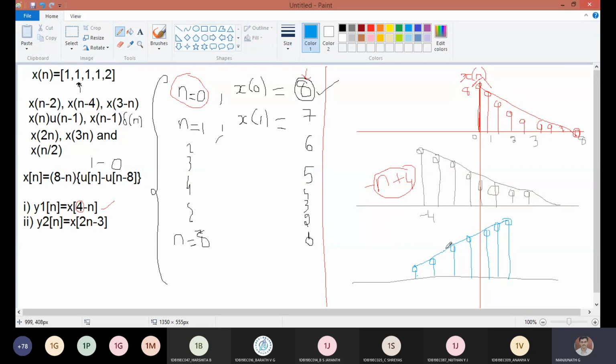Okay, this is method 1. So what is method 2? Whatever x of n you got, you do reflection here itself. You get a waveform for x of minus n. Then for that, what is the delay they have given? 4. So if you do a 4-unit delay, you will get the same output like this. So both remain the same. Is it okay, everyone?